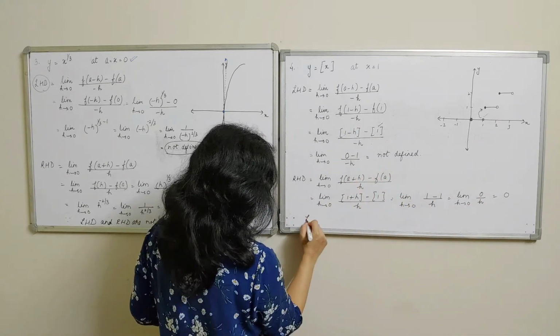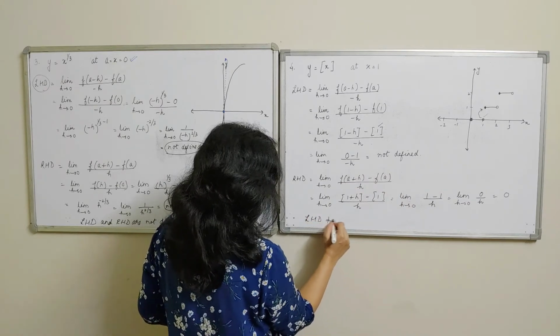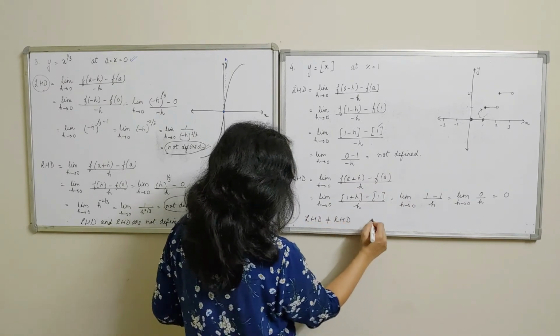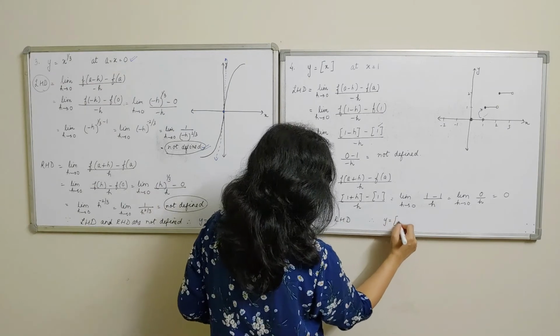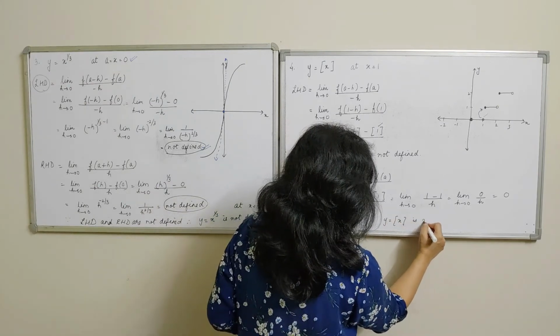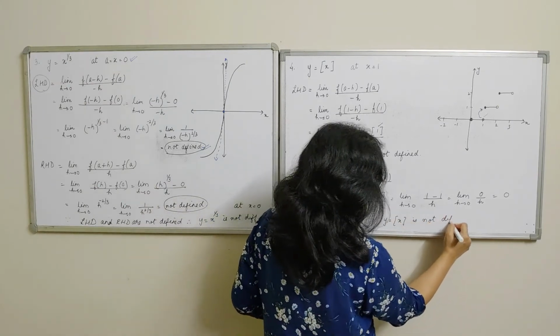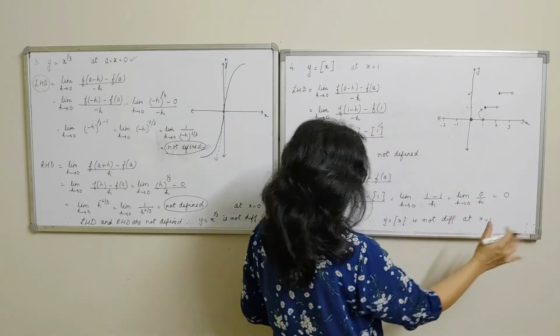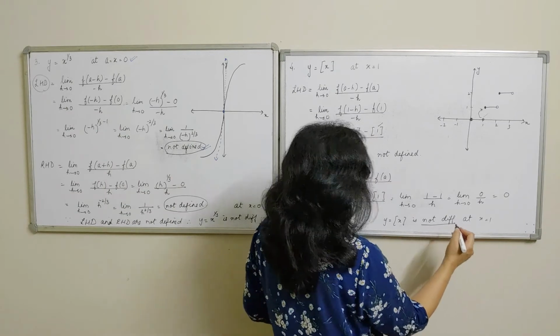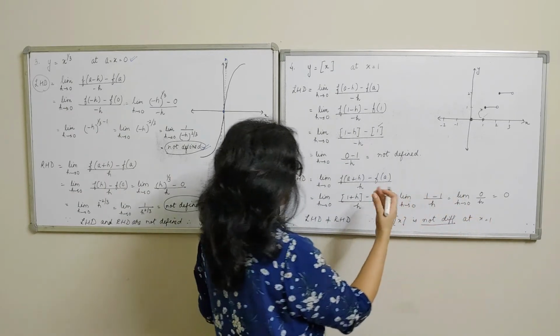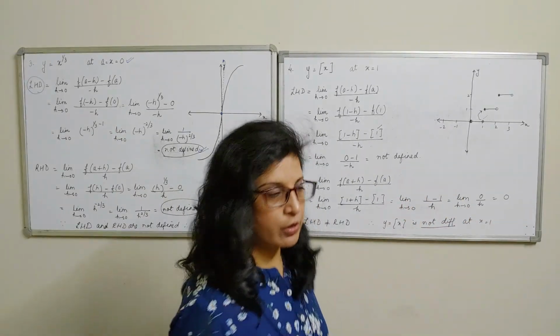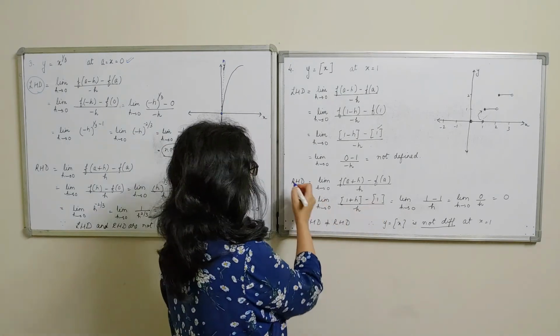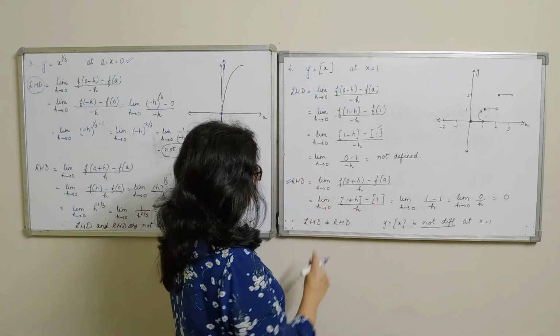So here we again notice that LHD is not equal to RHD. Therefore, the greatest integer function is not differentiable at x is equal to 1. At any integral value, the function will not be differentiable. So now let us see where the tangents are, starting with RHD.